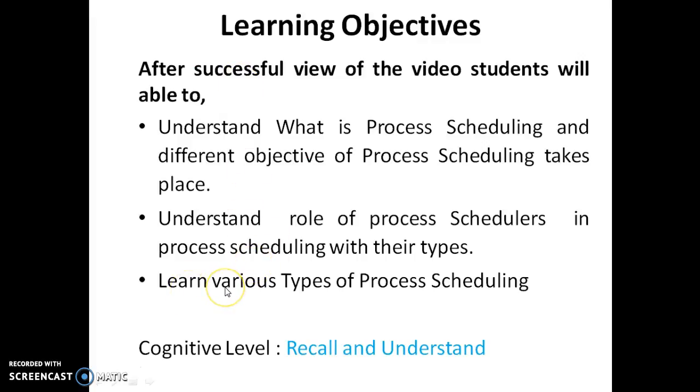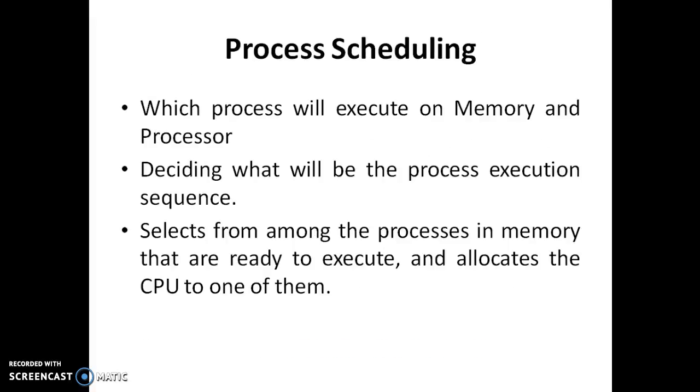At the last, we are going to learn various types of process scheduling. As per the cognitive level, this video lecture covers the recall and understanding levels. So let's begin with process scheduling.